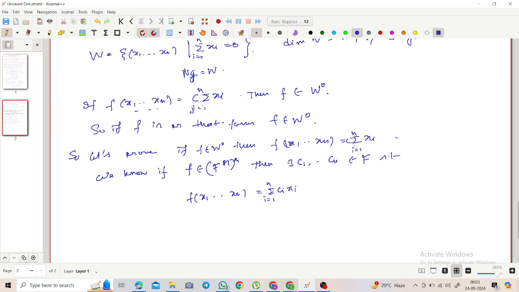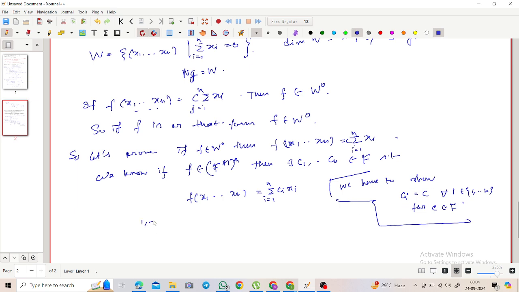Now see, what is your goal? Your goal should be, we have to show ci equals c for all i, for some c. We have to prove that every ci is equal.